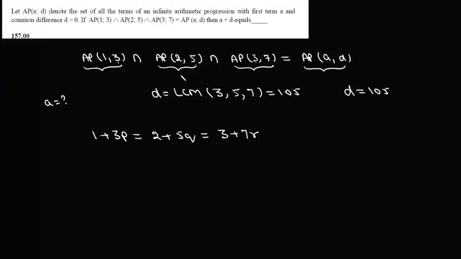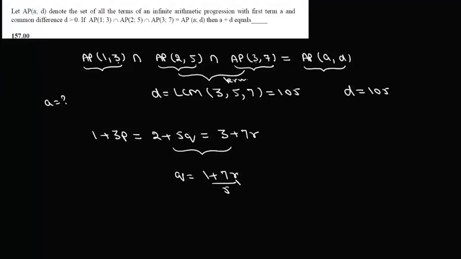Now what we'll do is, first we'll find terms which are common to these two series. For these two series, we can write q equals 1 plus 7r upon 5. Now we'll put the value of r and find the smallest value of r for which this q is an integer.